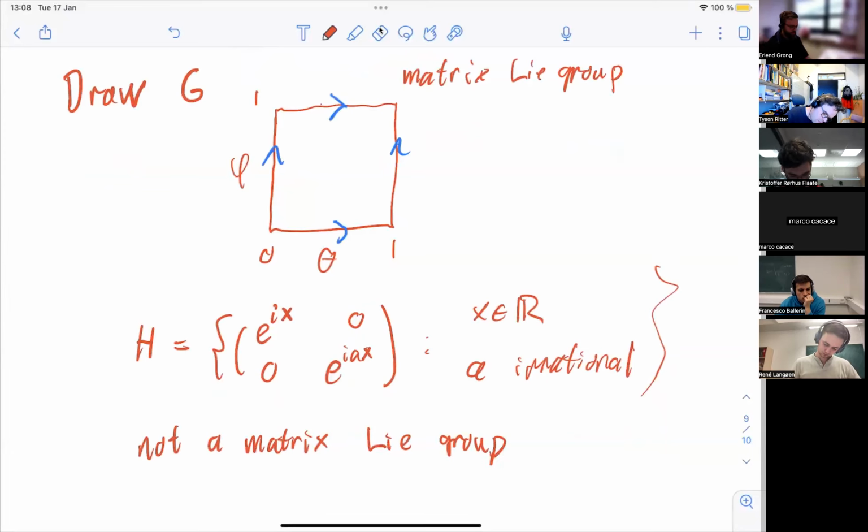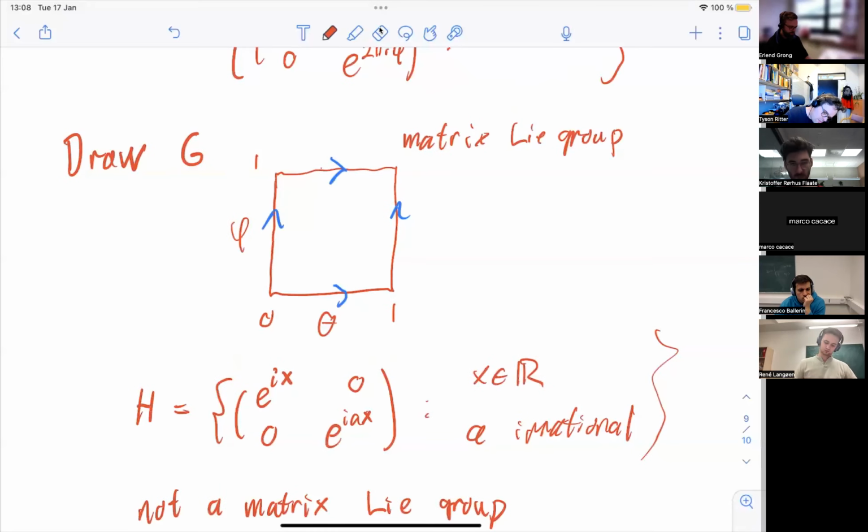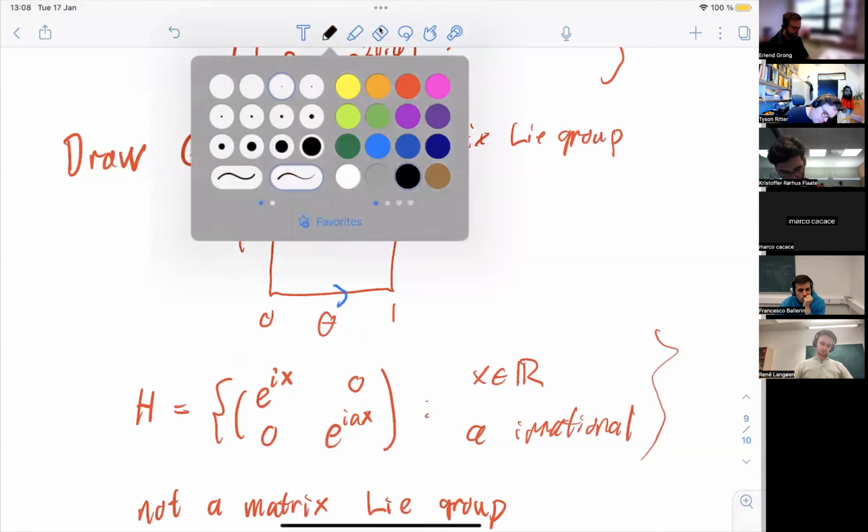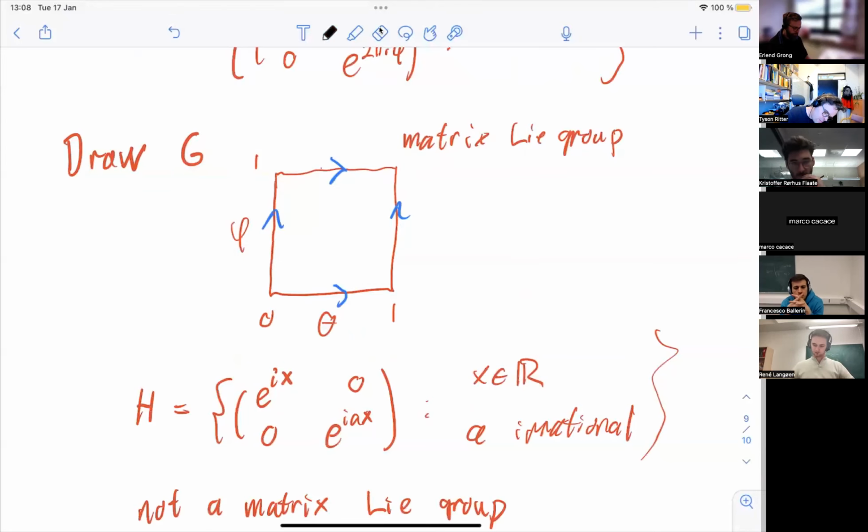So why is that? Well, if I draw it inside this diagram here, my problem is, let's say I start at 0. I will go up here, and then continue here, and then continue here.